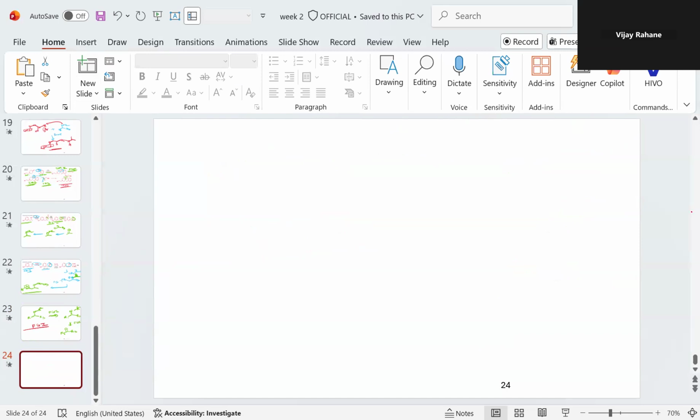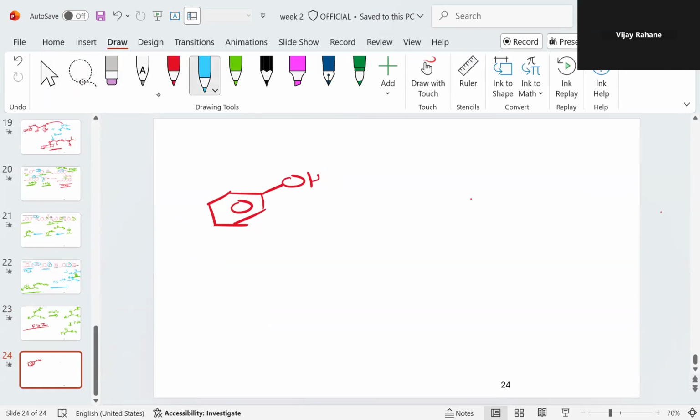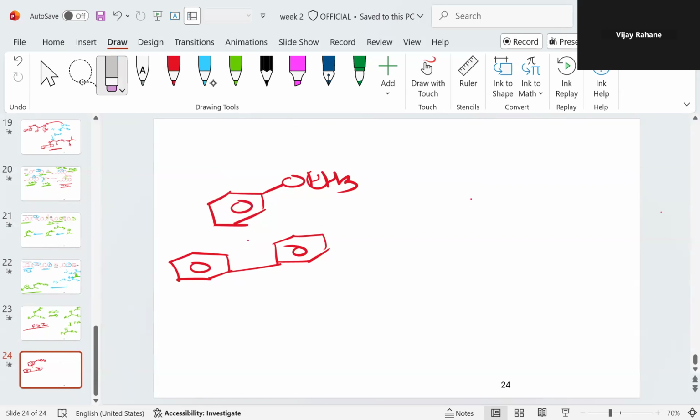So let's say if I have, sorry, OCH3, and here also there is some, let's say, right. So this is the nitrogen, right?